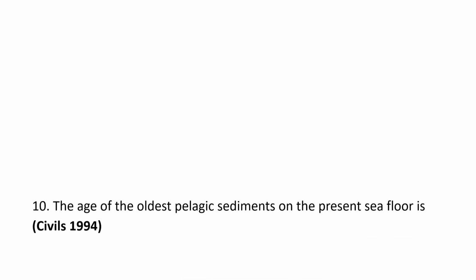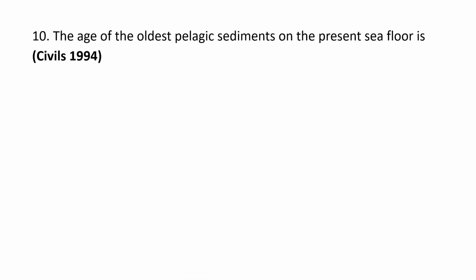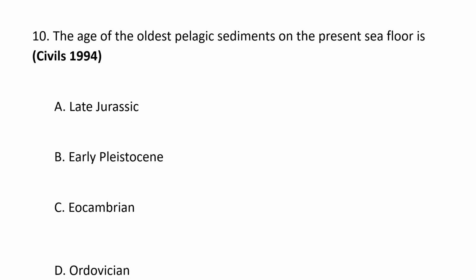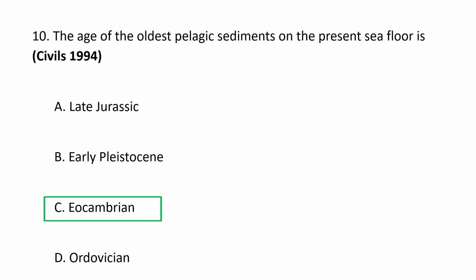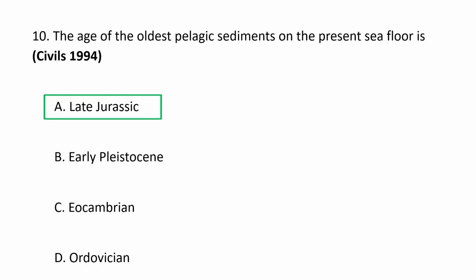Next question. The age of the oldest pelagic sediments on the present seafloor is A. Late Jurassic, B. Early Pleistocene, C. Eocambrian, and D. Ordovician. The correct option goes as A. Late Jurassic. The age of the oldest pelagic sediments on the present seafloor is approximately 170 to 200 million years old.